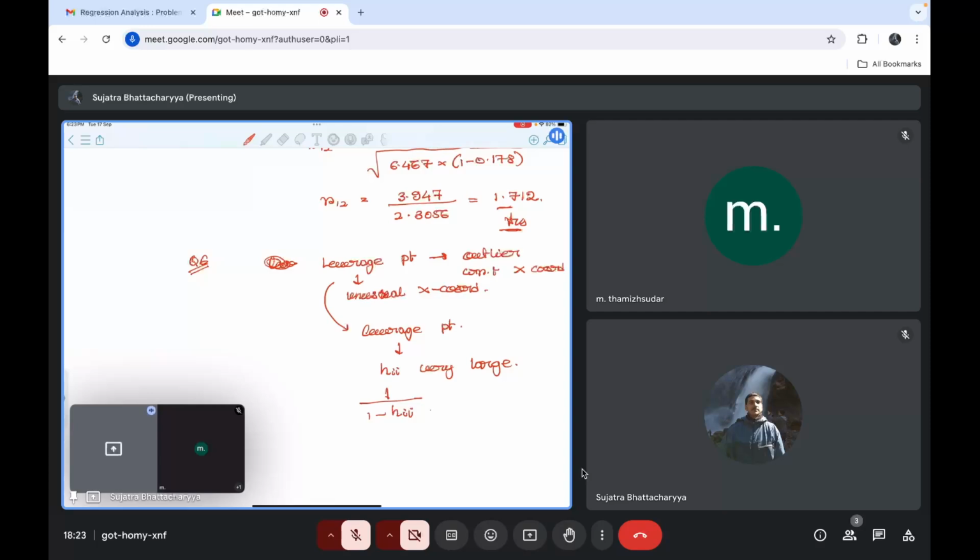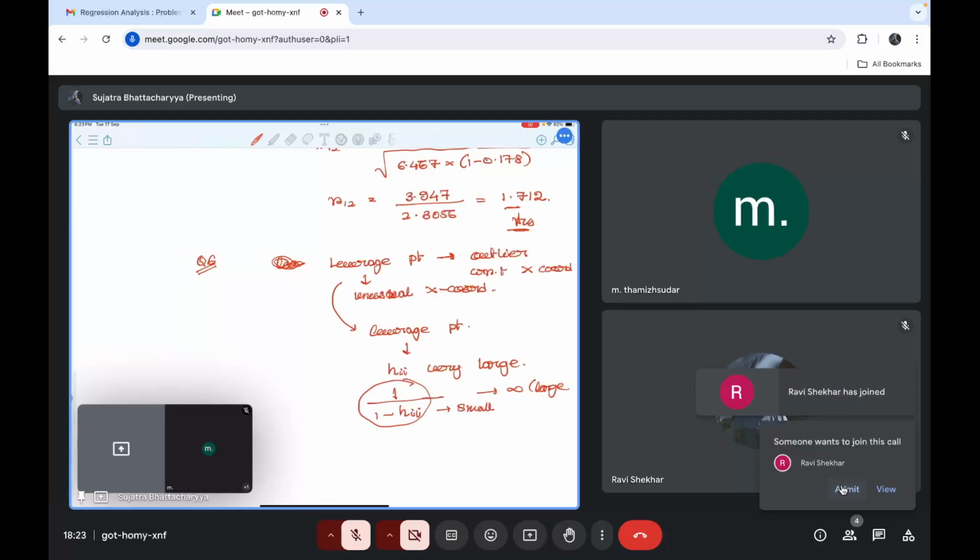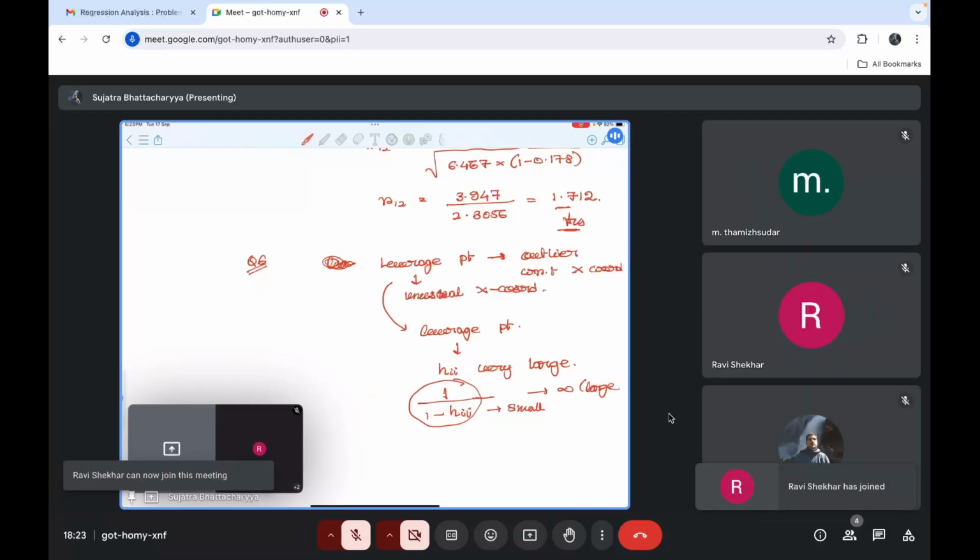Since H_II is very large, 1 minus H_II tends to become very small. And therefore this statistic, 1 upon 1 minus H_II, will tend to a very large quantity.